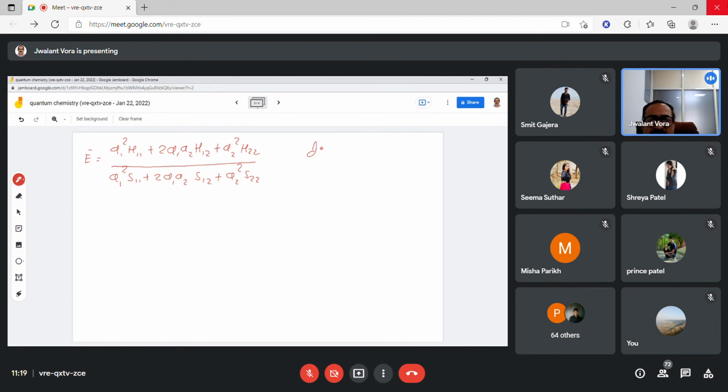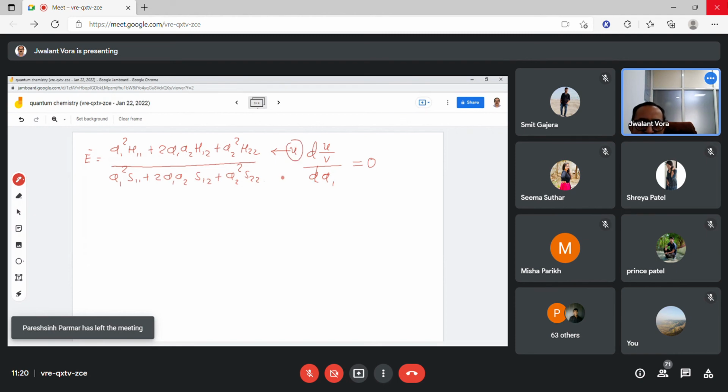So અહીંયા U upon V છે અને upon D A1 placing equal to 0 કરવાનું છે. આપણે અંશને નામ આપ્યું U અને છેદને નામ આપ્યું V. ન્યુમેરેટર અને ડિનોમિનેટર.